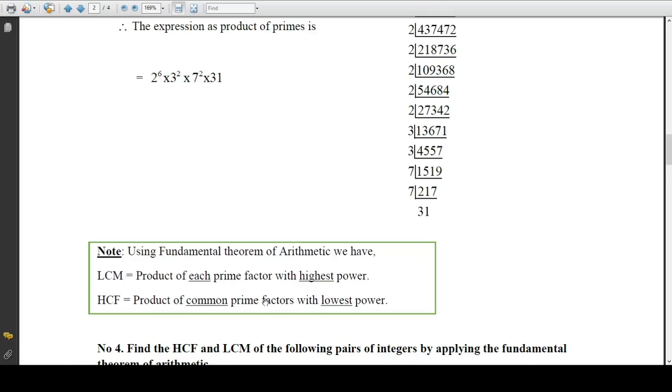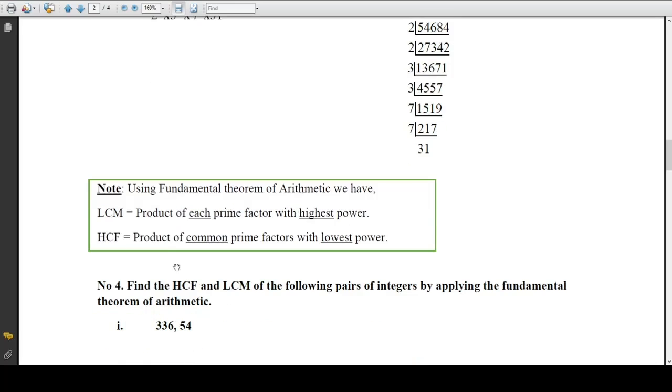Only the common prime factors, and that also with the lowest power, while for the LCM, all the prime factors with the highest power. Okay, now using this theorem we'll be doing some exercise here with problem number 4.